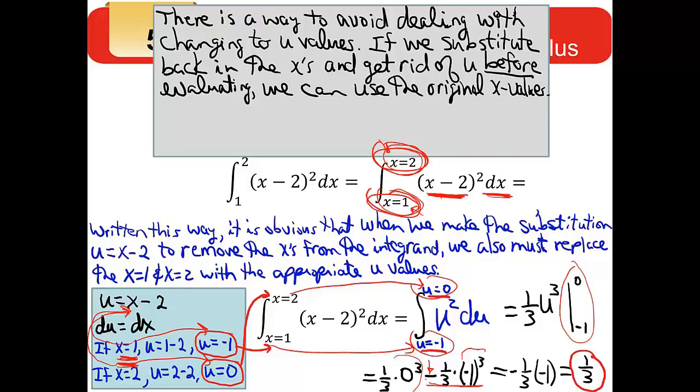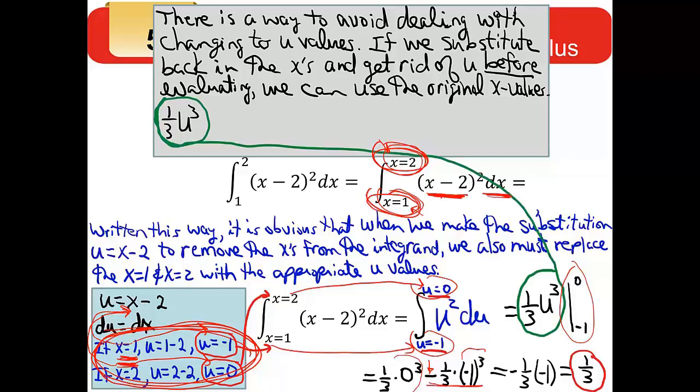If you really want to avoid having to do this part of the calculation here, where you're actually calculating how the x values change into u values, what you can do is when you get down to the point where you found the antiderivative in terms of u, just write that down and then get rid of the u. Just put the x's back in. Well, we know that u is x minus 2, so just put the x minus 2 back in.